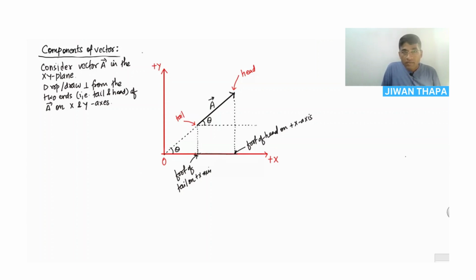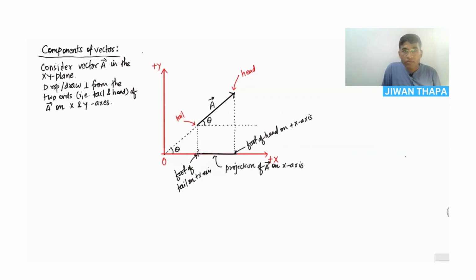Now this line, or this distance, represents the projection of vector A on the x-axis, that is, the positive x-axis.